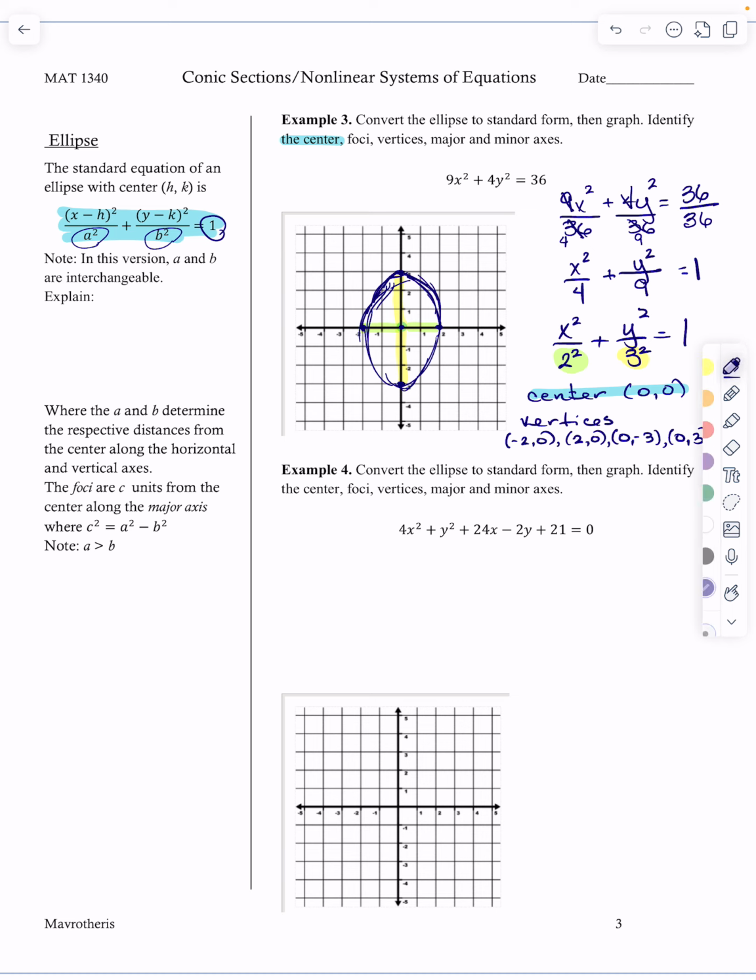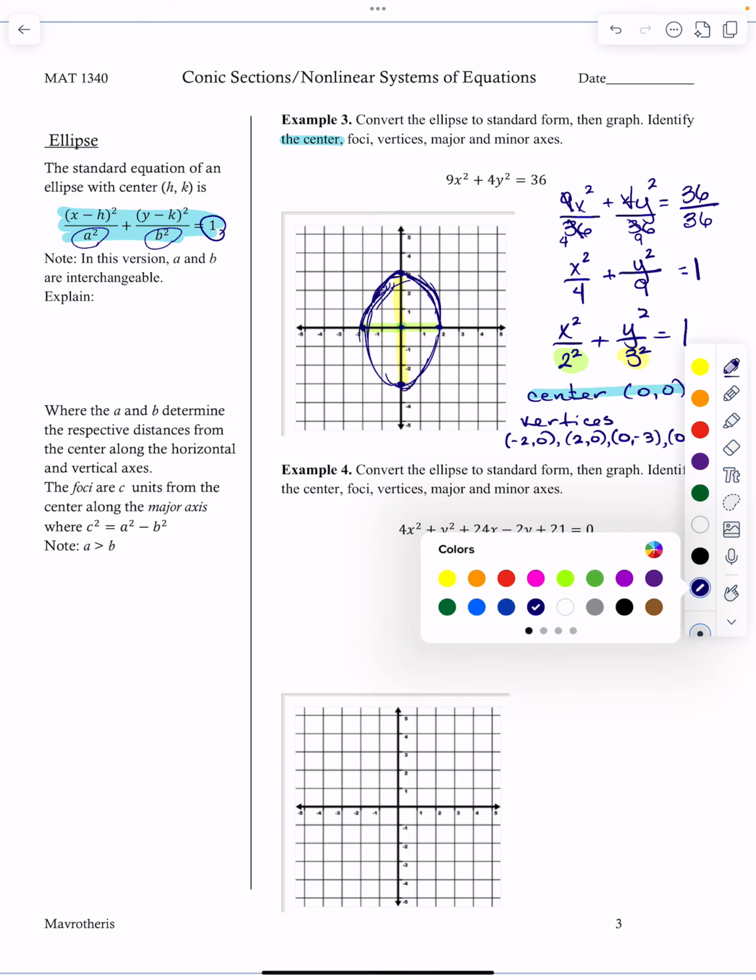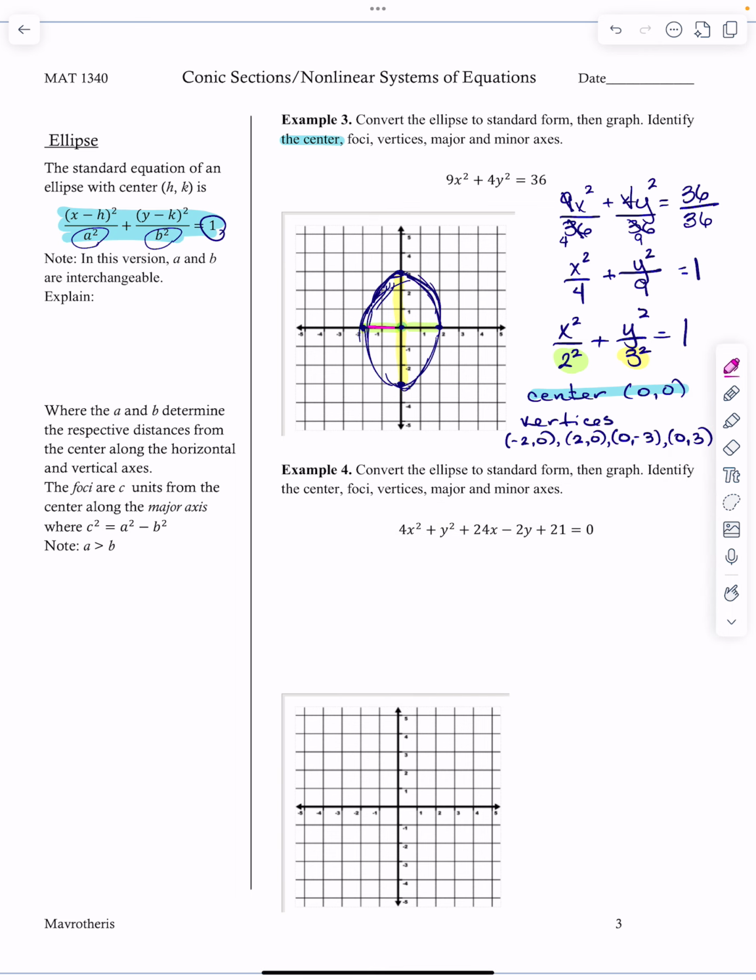Our minor axis is going to be our short axis, which has length, in this case, 2a, whatever's under the x, because we're going horizontally.